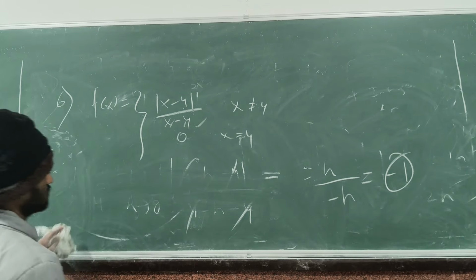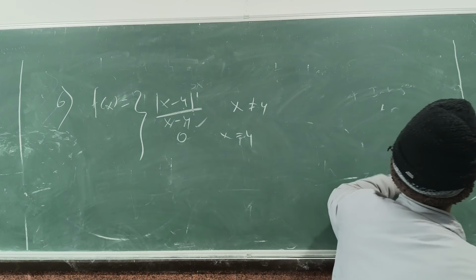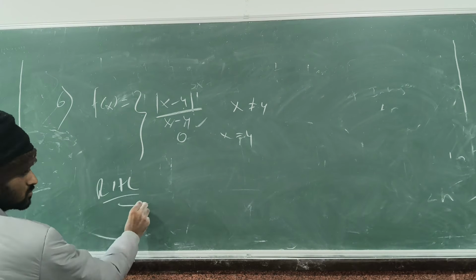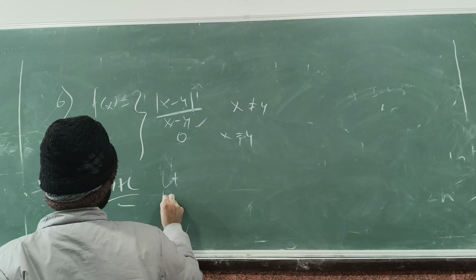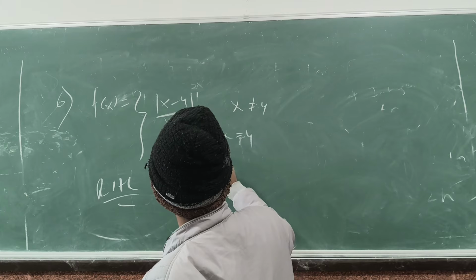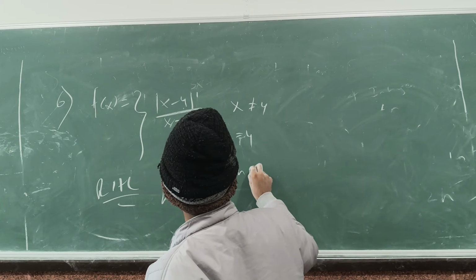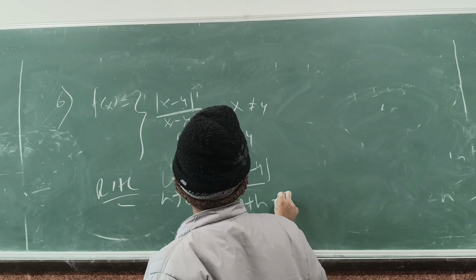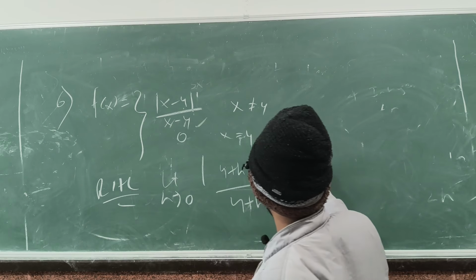Similarly, the right hand limit, h tends to 0, mod of (4 plus h minus 4) by (4 plus h minus 4).